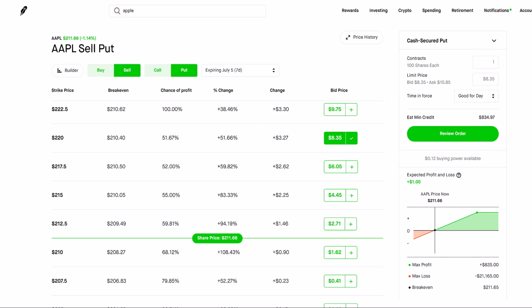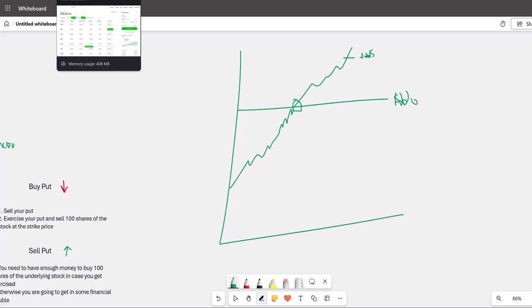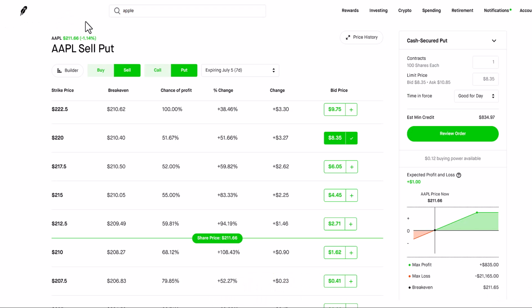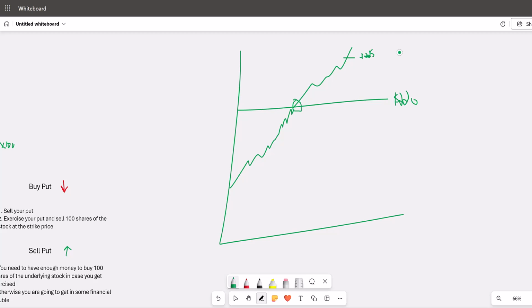Well, let's say Apple stock actually went above $220 and it went to $225. Sorry for my terrible handwriting. Let's say it went to $225. What happens next? You get exercised, and now you have to pay $225 per share for 100 shares.